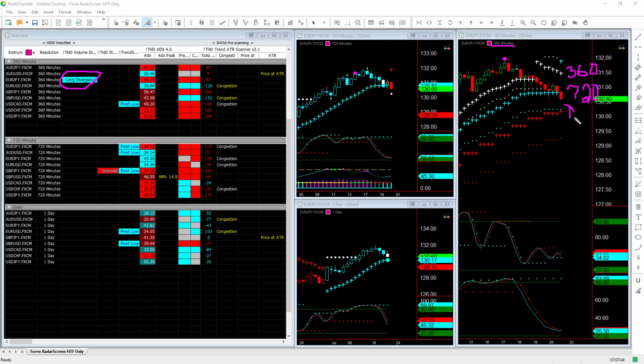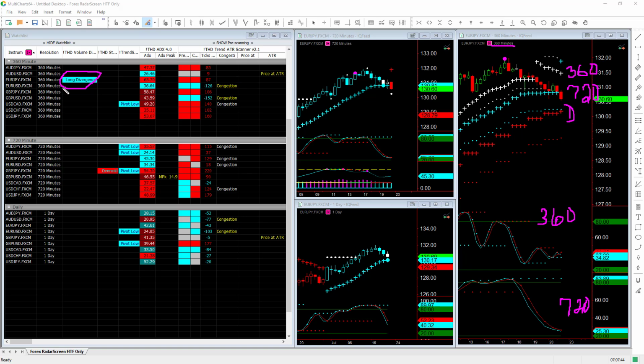This way I can see all of the ATRs and the congestion dots within one time frame. Then I have a stochastics on the 360, and one below it on the 720-minute chart. This tells me whether I am going into a market that is overextended, maybe overbought or oversold, on the higher time frame.